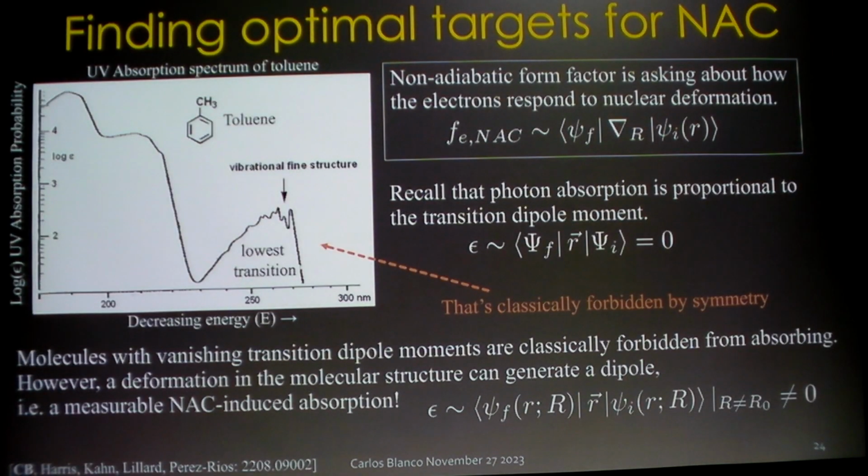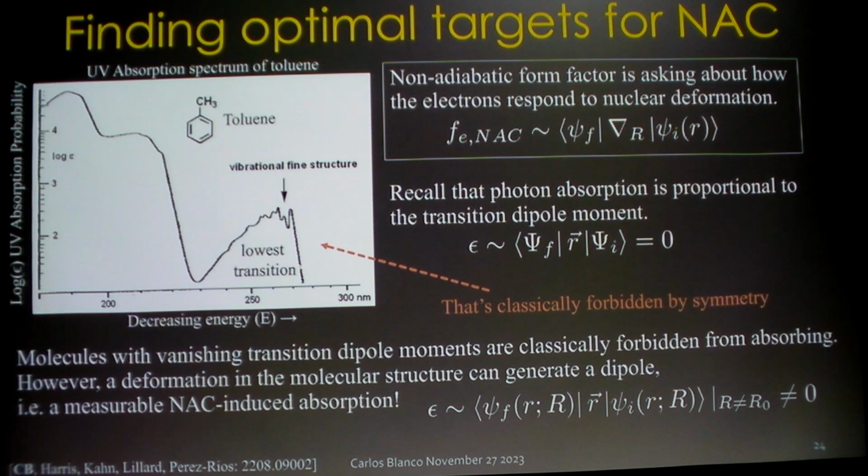So how do you go about finding molecules that are optimal for this? Well, it turns out you can actually observe the non-adiabatic coupling effect in real life with spectroscopy experiments. So this is a molecule called toluene, and the first electronic transition of toluene is classically forbidden because this thing has no dipole moment. And so you go out and you measure the electronic transitions, and you find, well, it's actually there, it's quite visible.